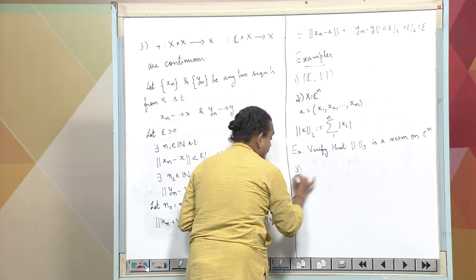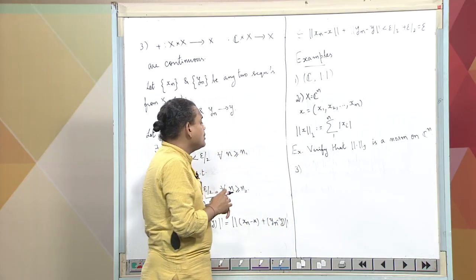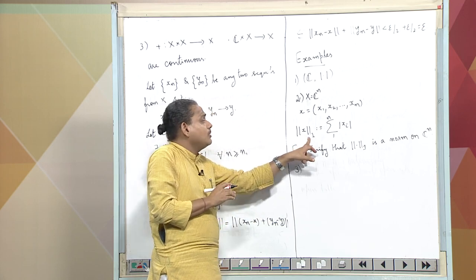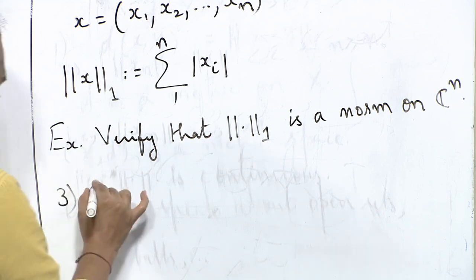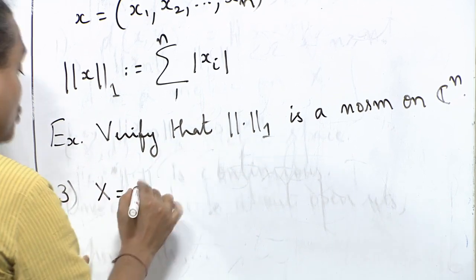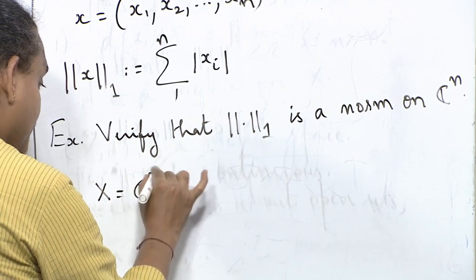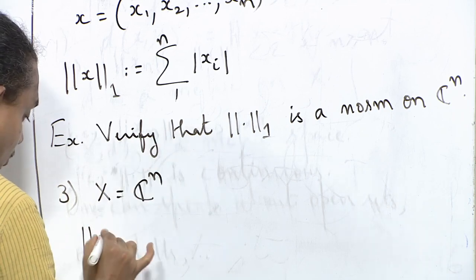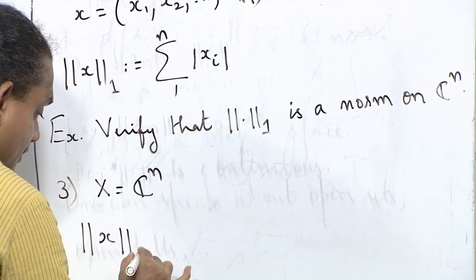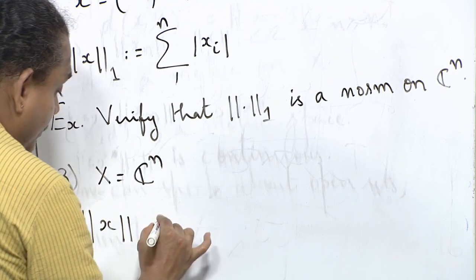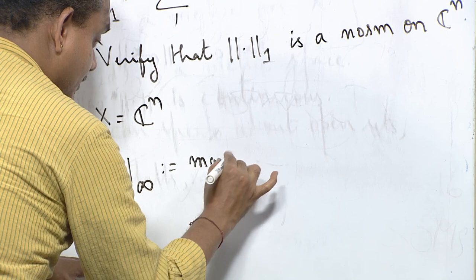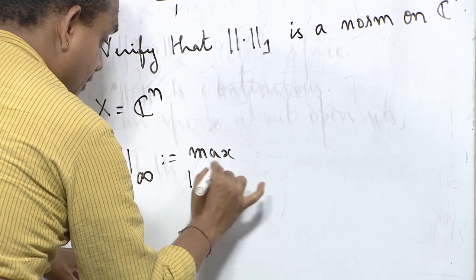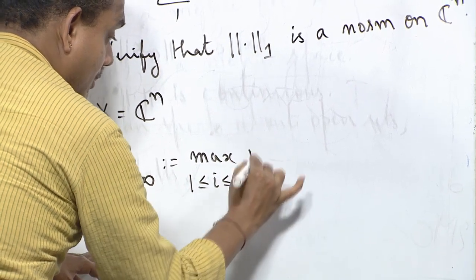The next one. So, the natural question is: do we have only one norm here? No, there are in fact several norms. Let me choose the same X to be C^n. Now, let me define one more norm, which I am going to call the infinity norm, which is the max over 1 less than or equal to i less than or equal to n of mod x_i.